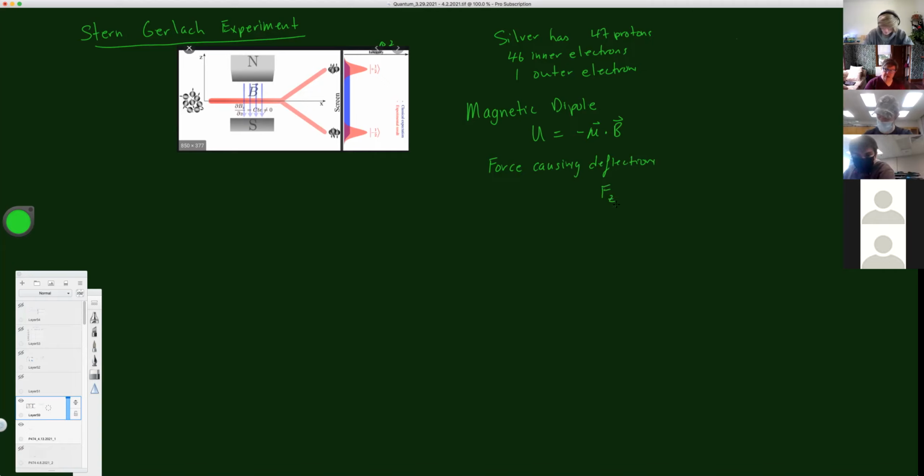It's getting deflected up or down on the z axis. It is of course minus the gradient of that potential energy, the energy of the dipole moment. And so this is equal to mu times the change in the magnetic field in the z direction. Okay, so we expect deflection if there is a non-zero magnetic moment.